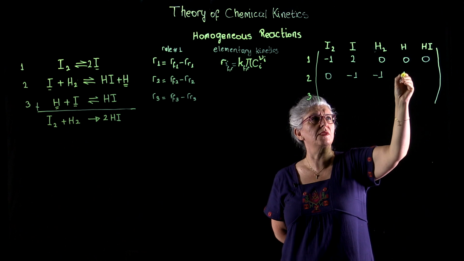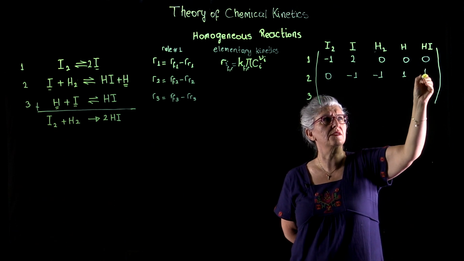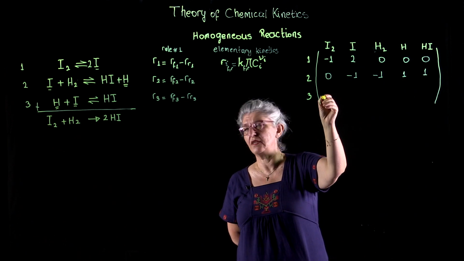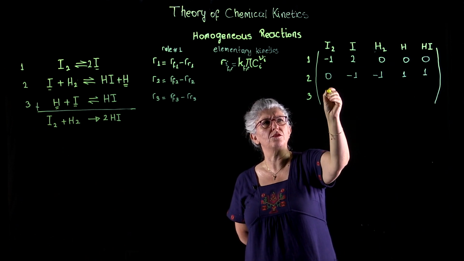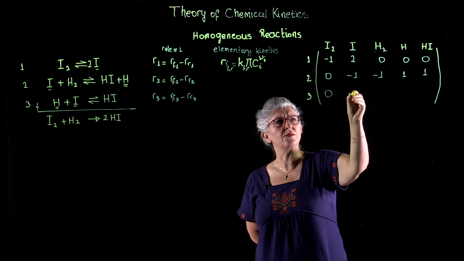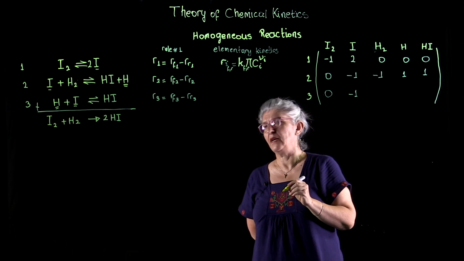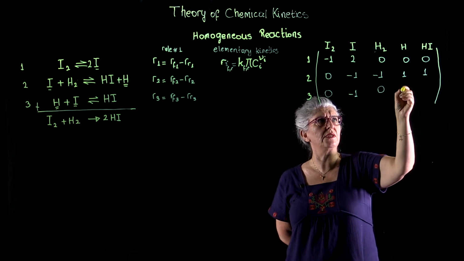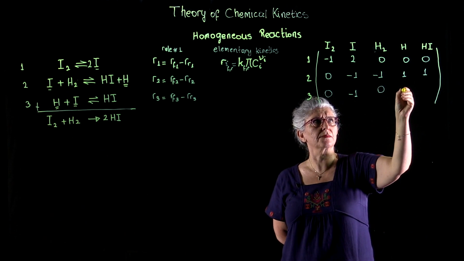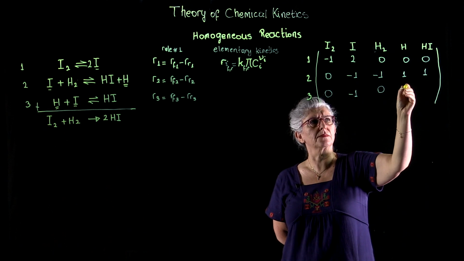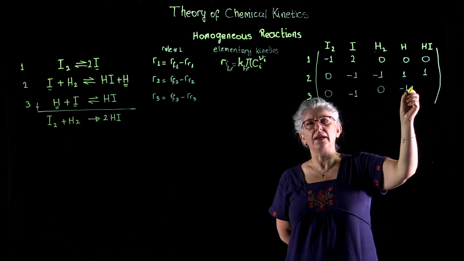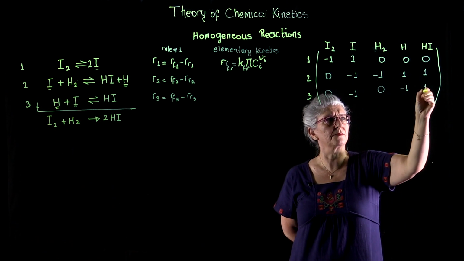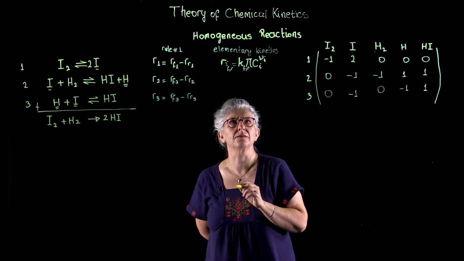H is +1, and HI is +1. In reaction 3, I2 is again 0, I is -1, H2 is 0, H is -1, and HI is 1.